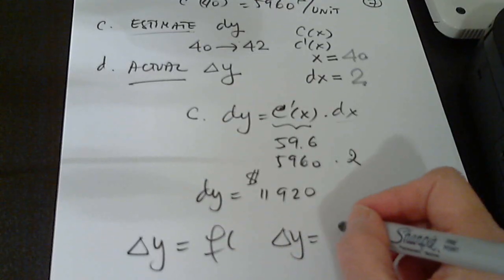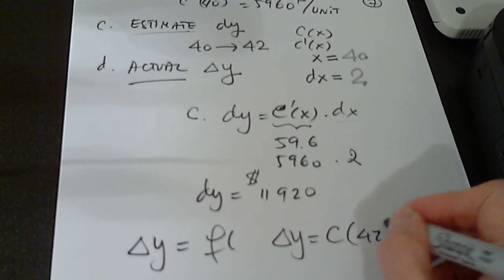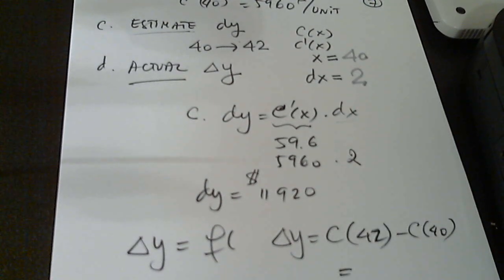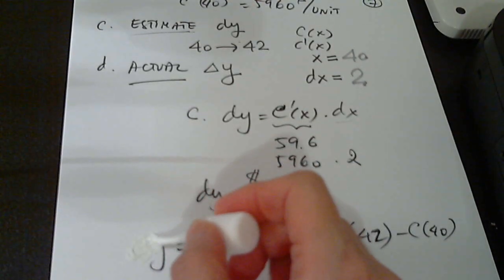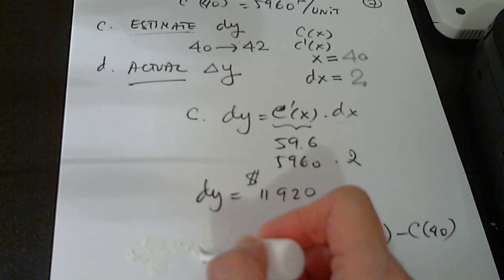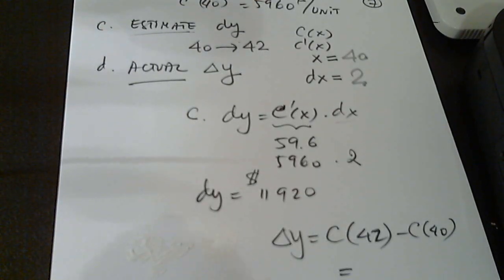So delta y will be c of 42 minus c of 40. That would be the actual. So I just have to go back to the table and determine c of 42. The actual difference does not involve the derivative. It's just algebra or arithmetic in this case.